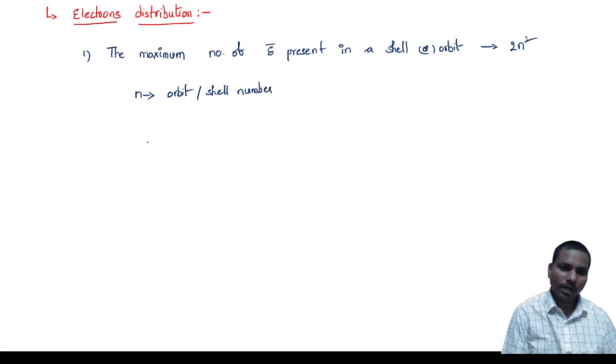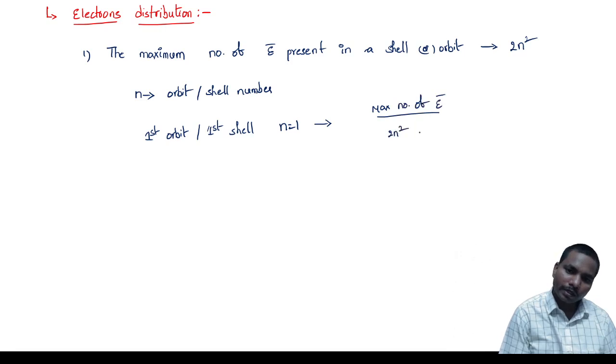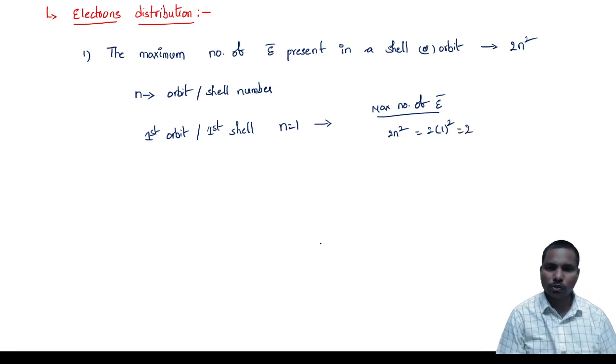If you consider the first orbit, or the first shell, then n is equal to 1. So the maximum number of electrons present is 2n square, that is 2 into 1 square, which is equal to 2.